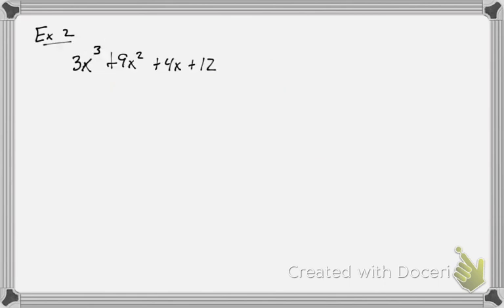Okay, so example 2. Most of the problems that we see today are going to be like this. We have 3x cubed plus 9x squared plus 4x plus 12. I'm going to start by splitting my problem in half. I've got my first two terms, 3x cubed plus 9x squared, and the second half of my problem, which will be 4x plus 12.